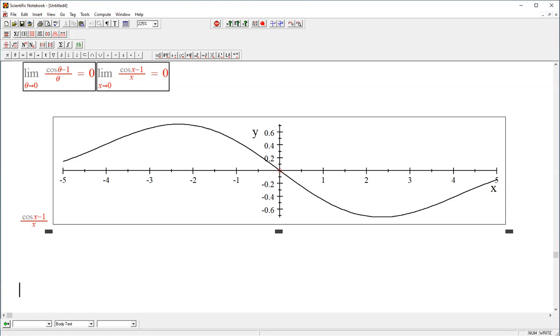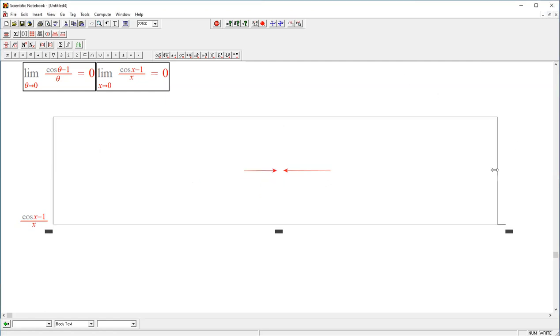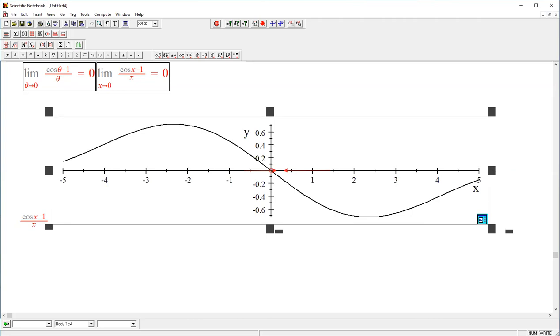Whether approaching 0 from the left of 0 or from the right of 0, that limit is the same, equal to 0. We need to understand this. The proof of these identities I'm going to save for another time, if I have time. But understanding these limits is important, because these two limits are very, very useful.